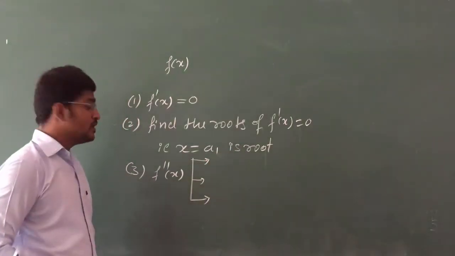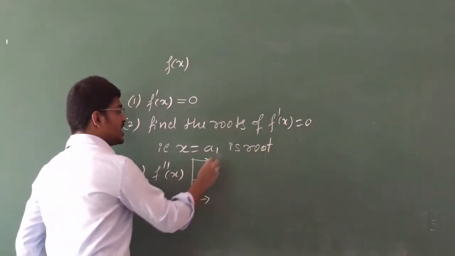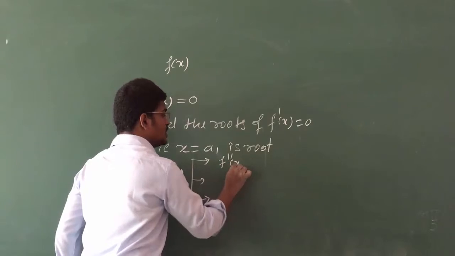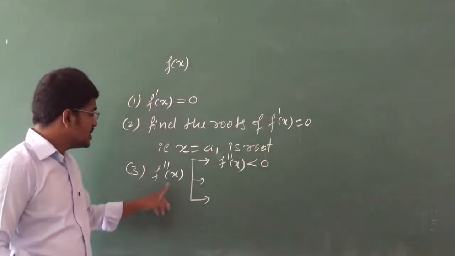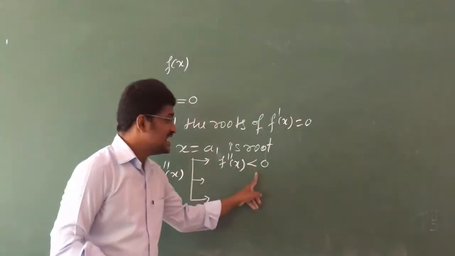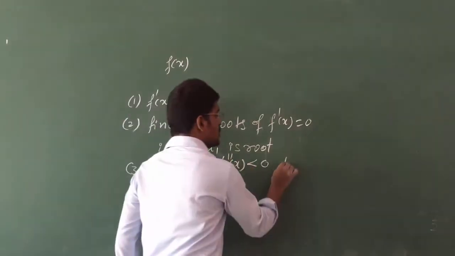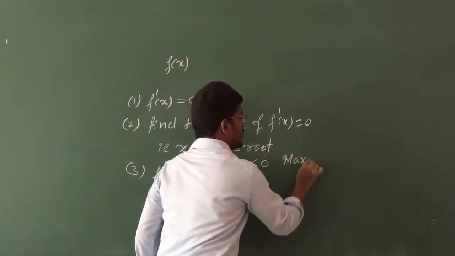See here. If f double dash of x is lesser than 0, maximum exists.